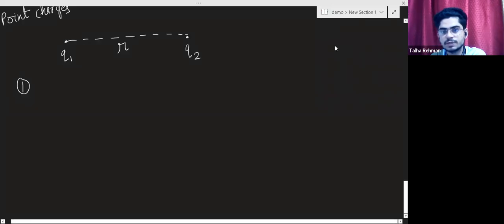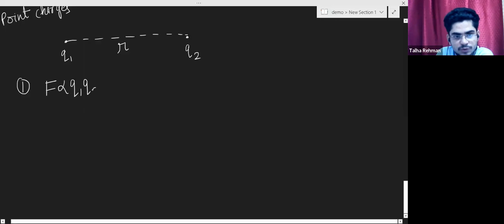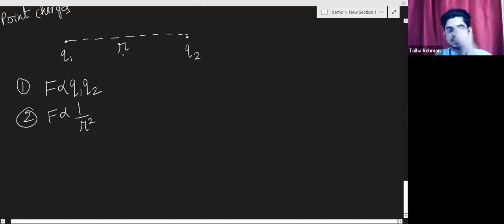Coulomb says that force is directly proportional to the product of these two charges. He found that. After that, he also found that this force is inversely proportional to the distance between these two charges.